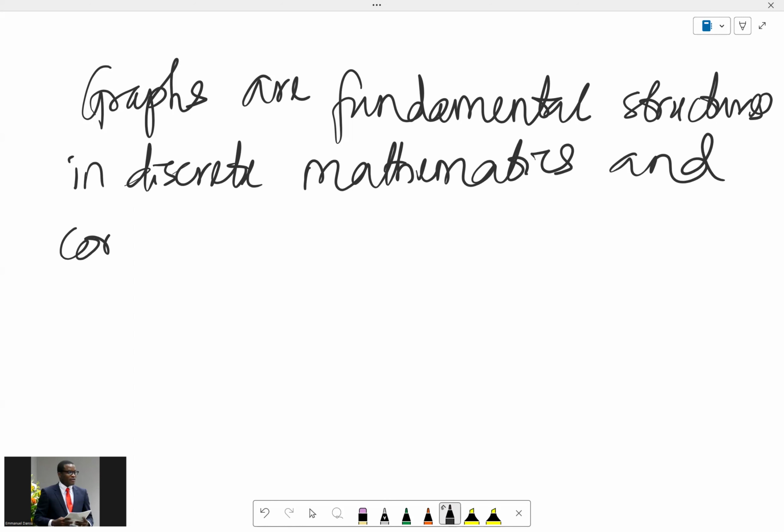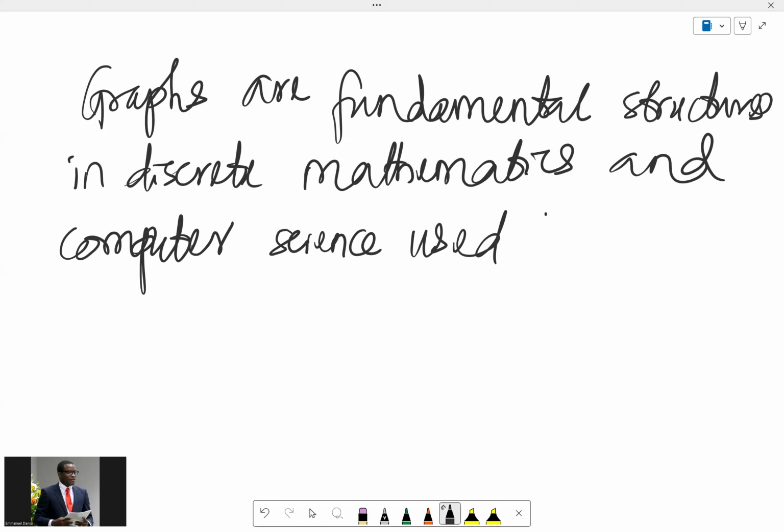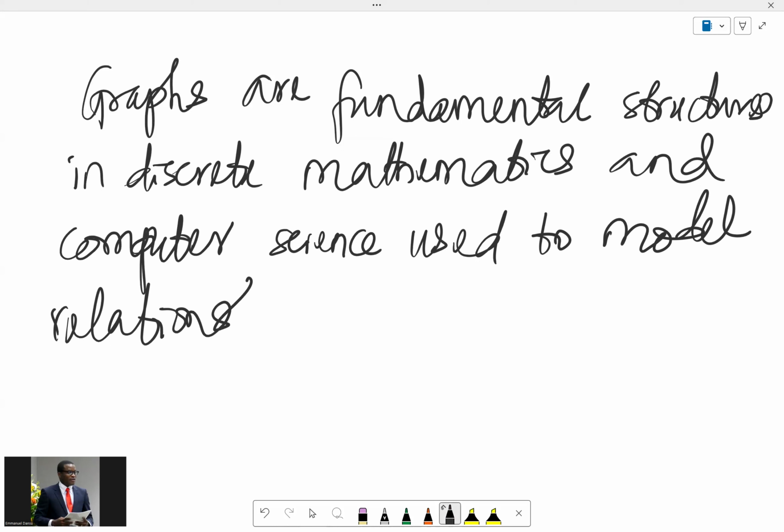You see, graph theory and network theory are very important in computer science because they talk about networking and things like that. They are used to model relationships between objects.